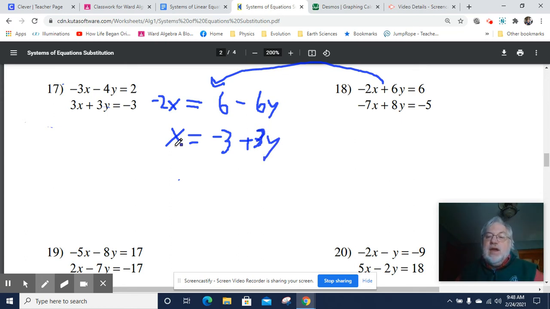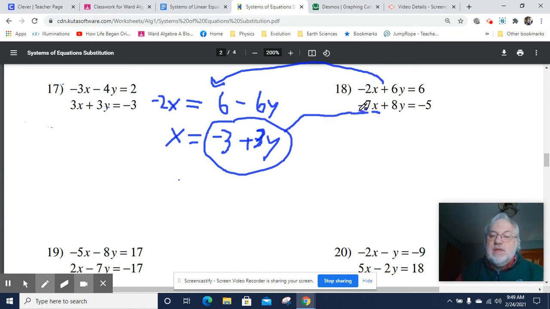I have an expression for x that I can plug into the other equation. So that expression is this expression here. I'm going to substitute in for this x. I can't substitute it in for this equation because I got it from this equation. And if I put it back in, it's just going to turn this equation into 0 equals 0. That's not going to give me anything useful.